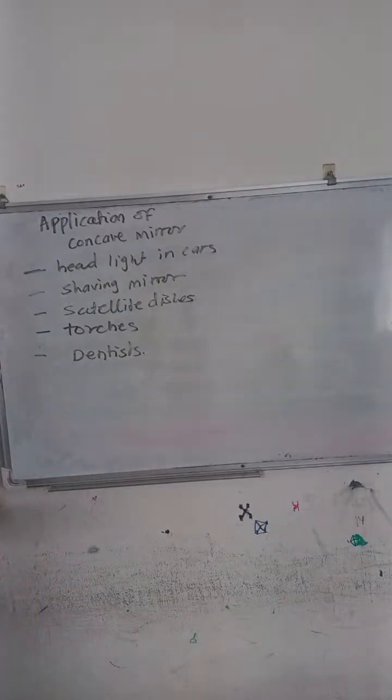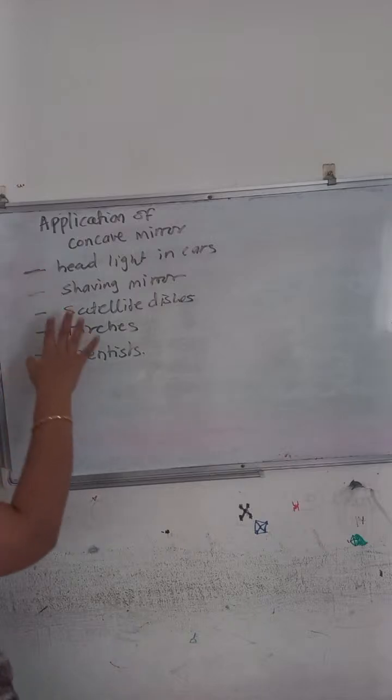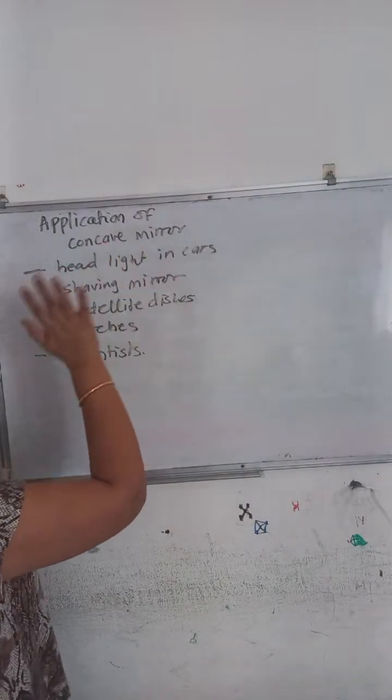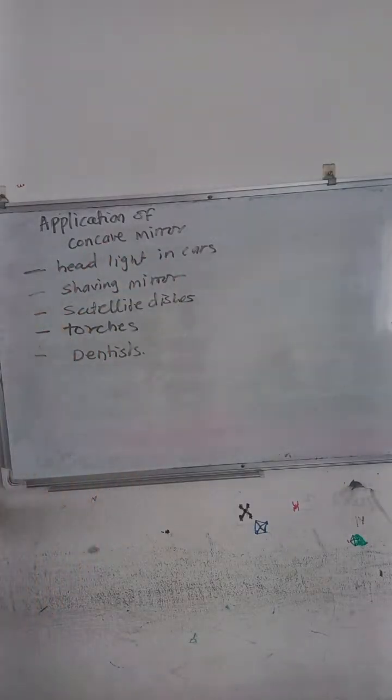So these are the applications of a concave mirror, because a concave mirror gives an enlarged image. The dentist is always operating on the teeth. Teeth are a very small part, and to check the minute parts near the gum or in the teeth region is very difficult. So we want the enlarged image. That is the reason doctors are using concave mirrors, to get the magnified image. So concave mirrors are used in headlights in cars, shaving mirrors, satellite dishes, torches, and dentists' doctors are also using this.